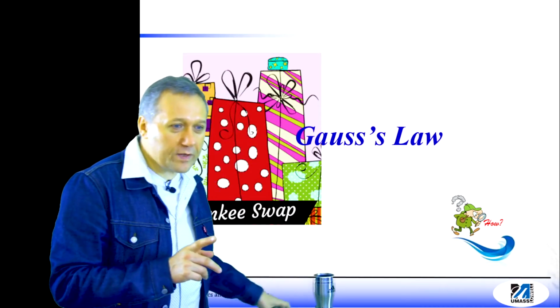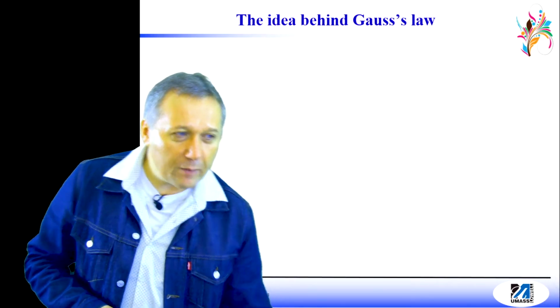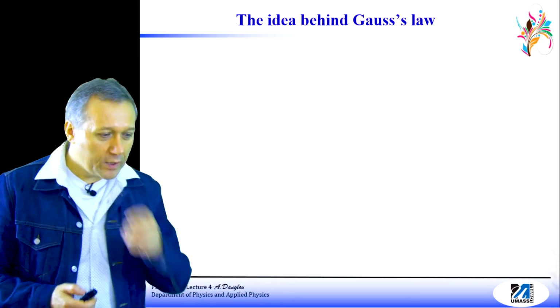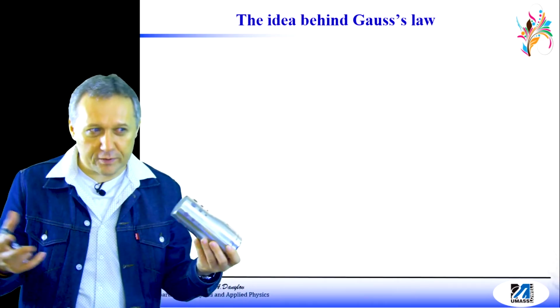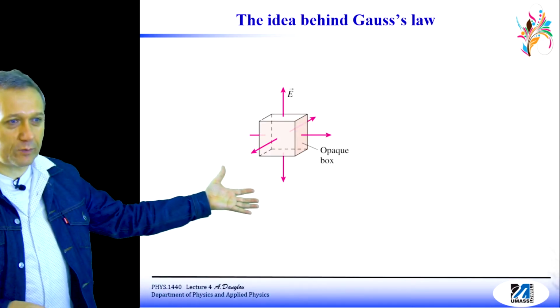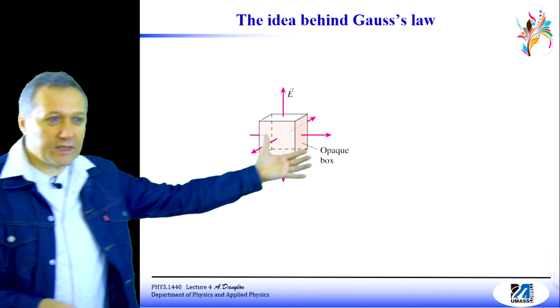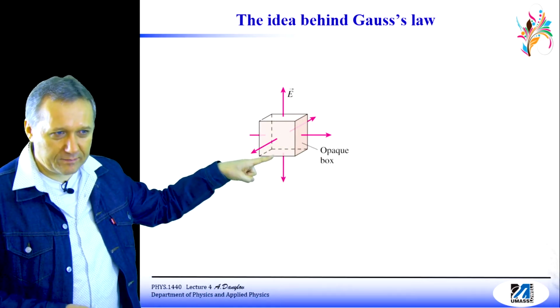Even now, without knowing Gauss's law, I can give you a couple of examples to show that there is a connection between electric field on the surface of the box and the charge inside. I took this picture from the book. Let's say this is a black box and we don't see what is inside.